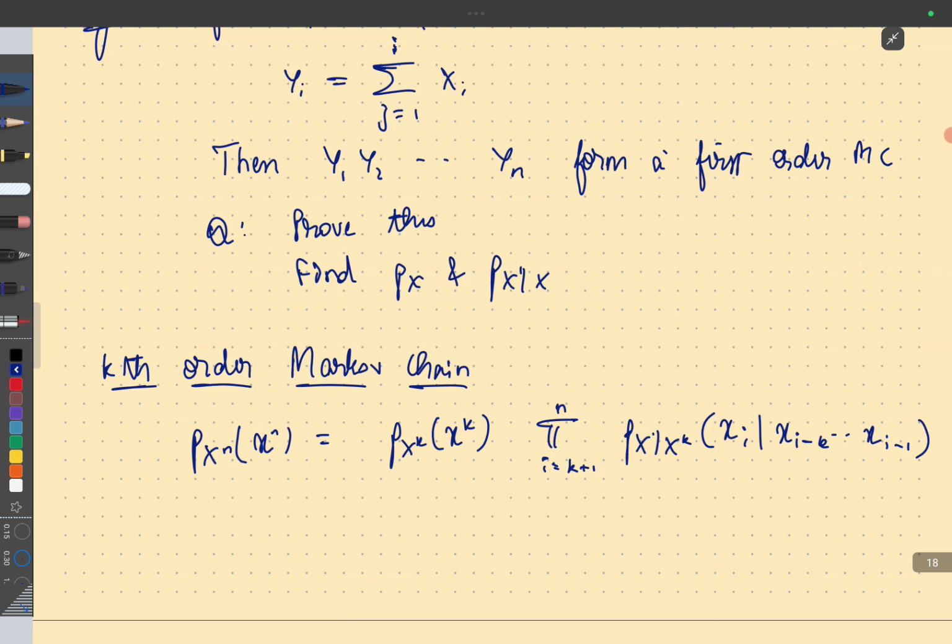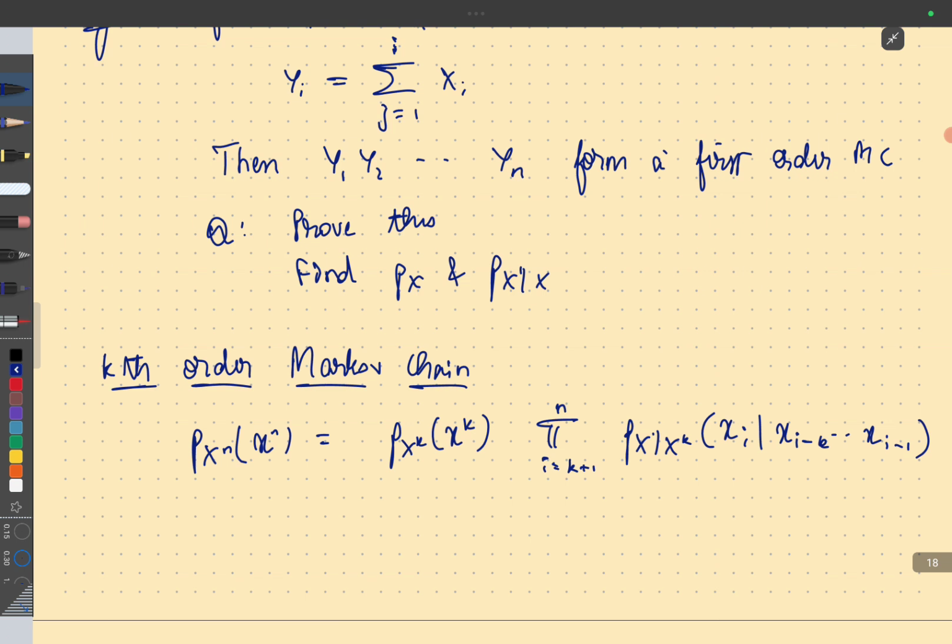Now, one of the main reasons why I'm defining these kth order Markov chains is that language can be very well approximated by a kth order Markov chain. So, for example, a standard piece of English text will not have very long range dependencies.